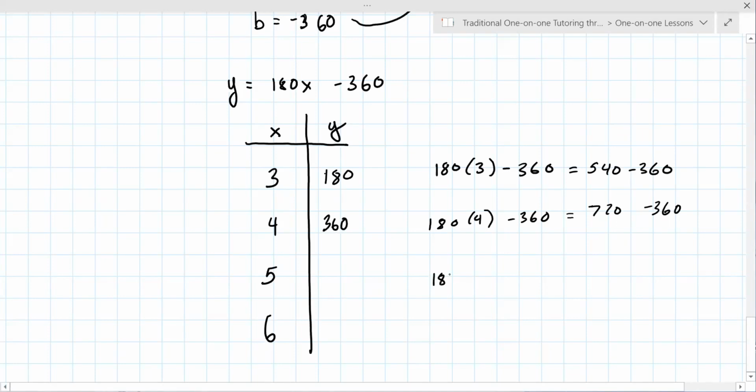How about 180 times 5 minus 360? Let's try that one. 540. Yes, it is 540.